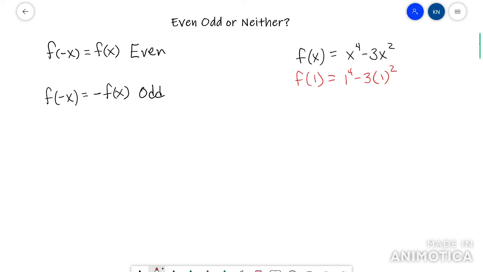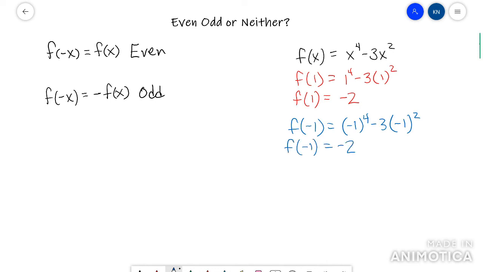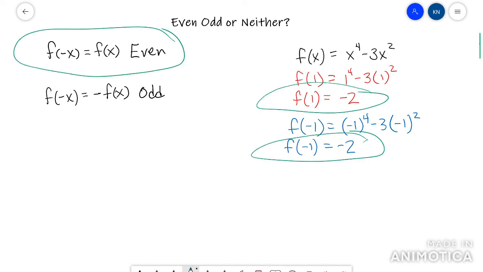And if you do your algebra there, you get negative 2. And then plug in negative 1. Do your algebra there, and you would get negative 2. And when they match, that's an even function.